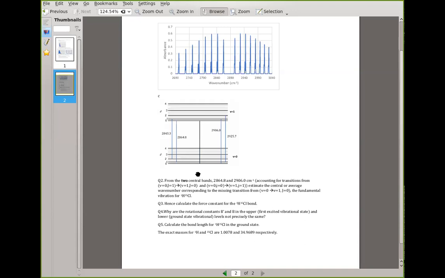But what is quite nice about this is if you look at this line over here at wave number 2864.8, and this blue line at 2906.0, you can see that this jump for the vibration alone is a little bit greater than this one and a little bit less than that one.